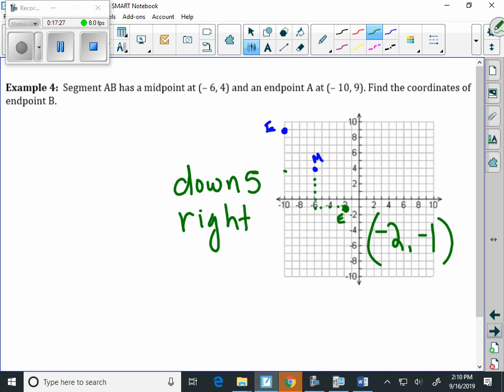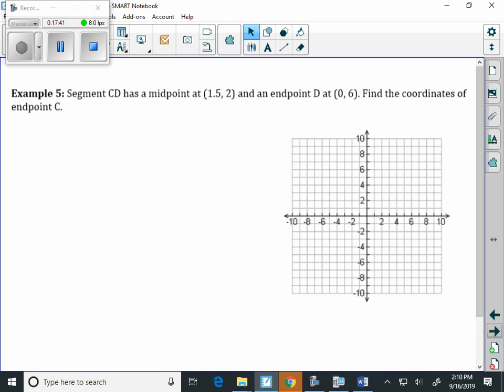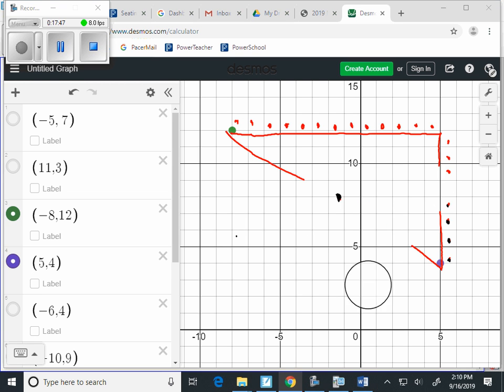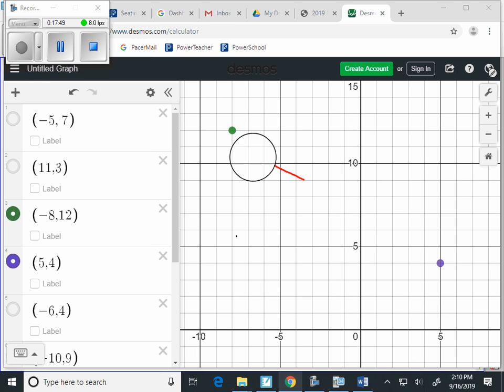So it's nice to be able to do it by hand, but let's finish by looking at how it works on Desmos. And there's a nice little something I learned with Desmos for this last problem, and it's on all of them. If we come over here and I erase this, and we can turn these points off.